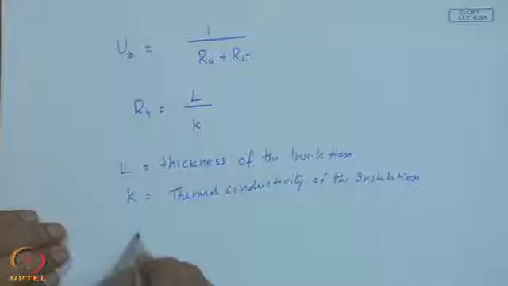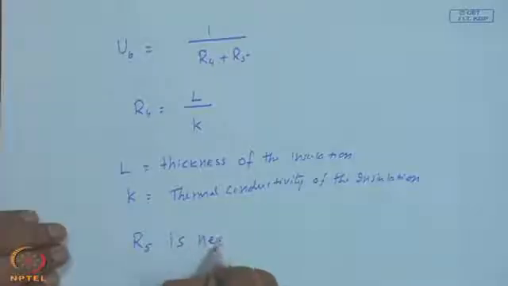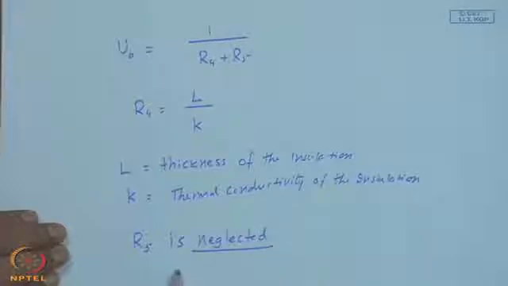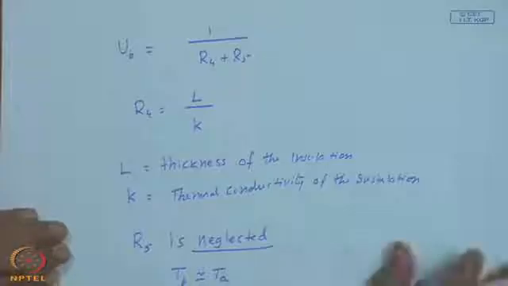And usually R5 is neglected, because Tb is almost pretty close to Ta.